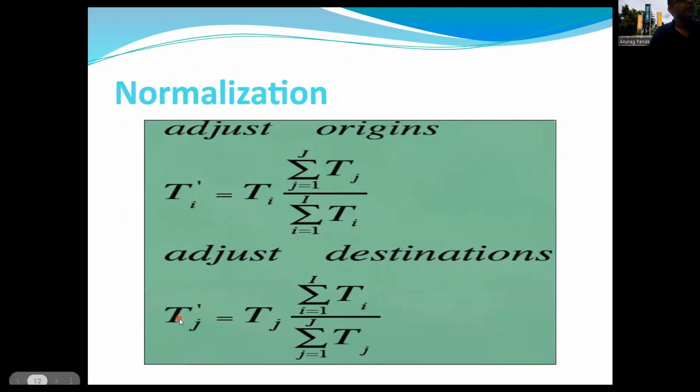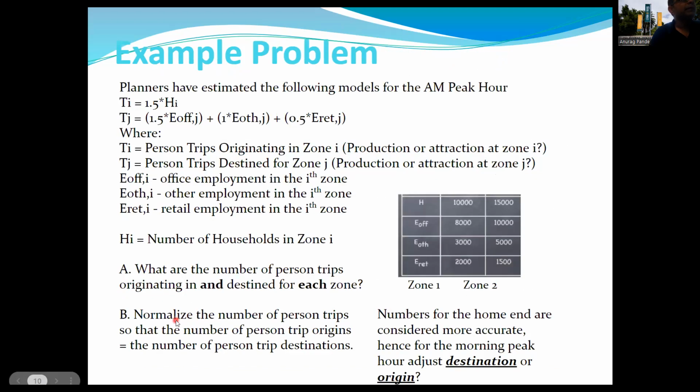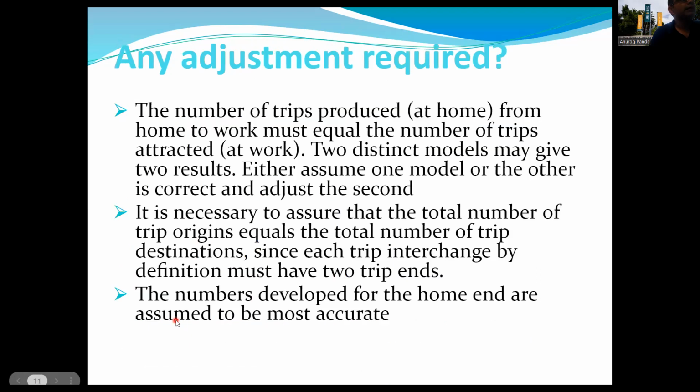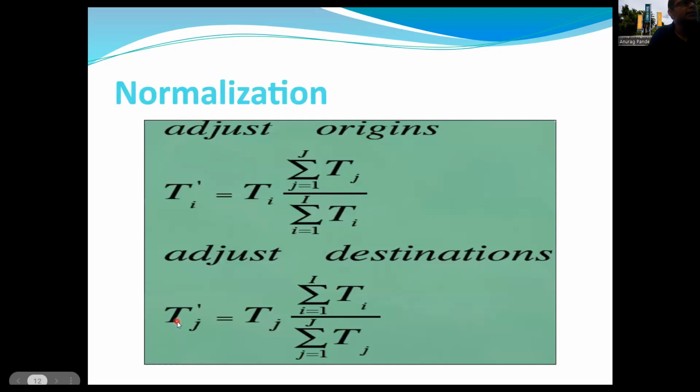So T_j prime, so T1 prime and T2 prime. Remember, we estimated the numbers T1 and T2 before. This is the formula we are going to use to make those corrections, and this is for the two zones.